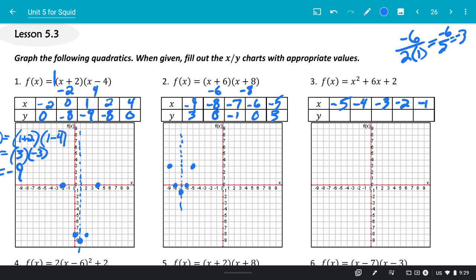Okay. Now I have to do some work. I got to find f of negative 3. Okay, so I got negative 3 squared plus 6 times negative 3 plus 2.